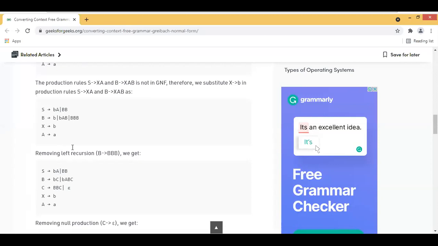Now you need to convert it into B tends to BAB or BB, or B tends to BC, where C is a new variable that we newly defined, or BABC. Again, C becomes BBC or epsilon.